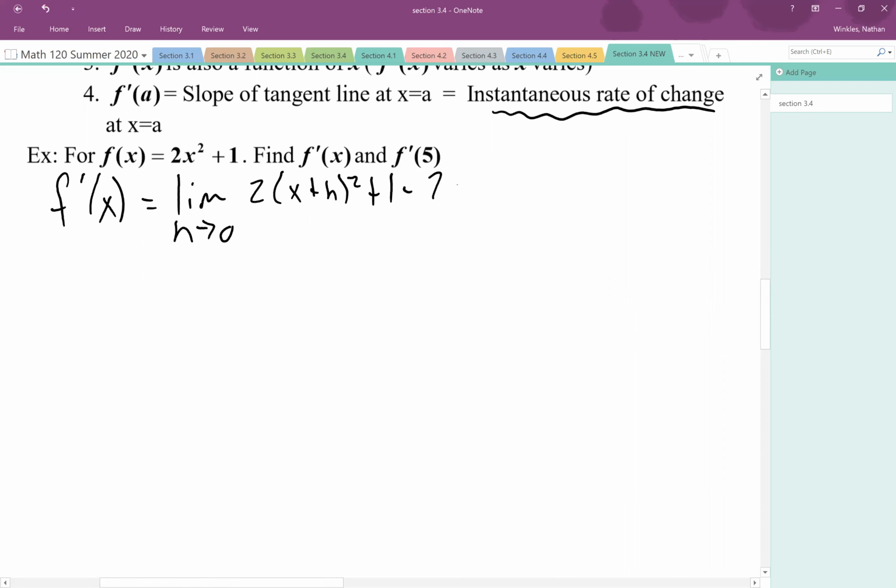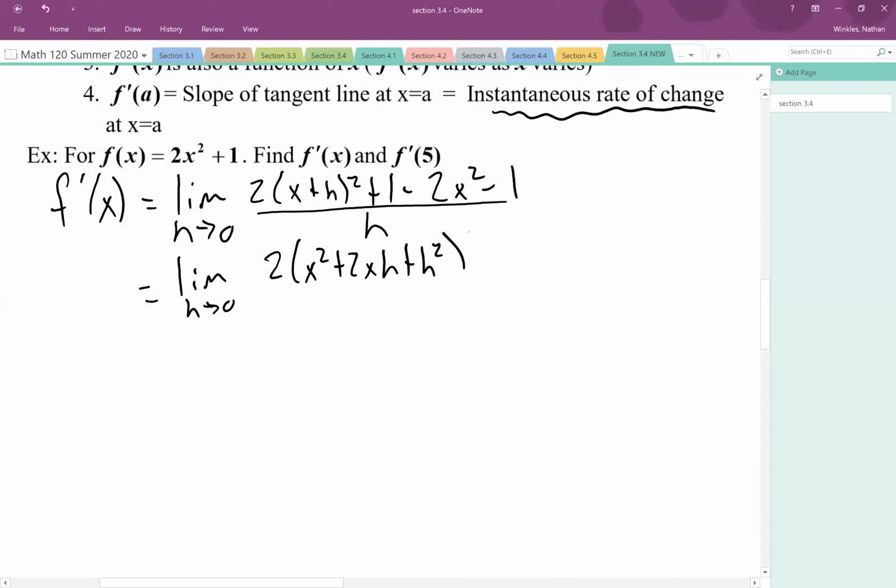So minus 2x squared minus 1 all over h. So this is the limit as h goes to 0 of 2 times x squared plus 2xh plus h squared plus 1 minus 2x squared minus 1 all over h.